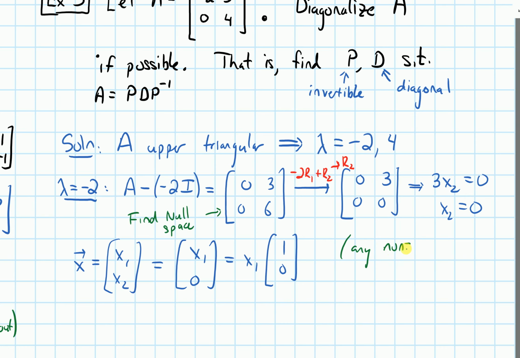The 0 vector is not allowed to be an eigenvector. Okay, so for our other eigenvalue, lambda equals 4, I now look at A minus 4I, which means I subtract 4 from each of the diagonal entries. That gives me -6 and 0 on the diagonals, and the other entries are 3 and 0.